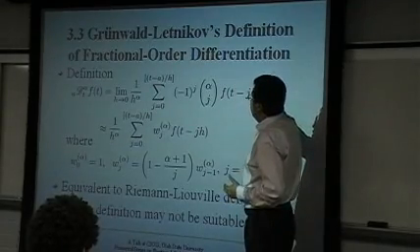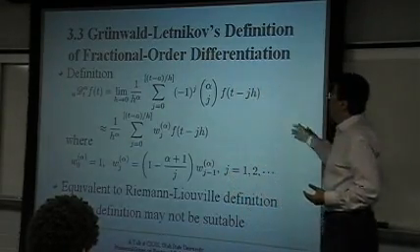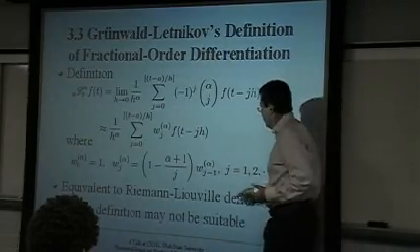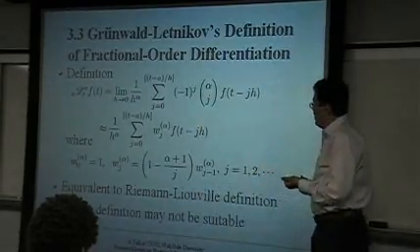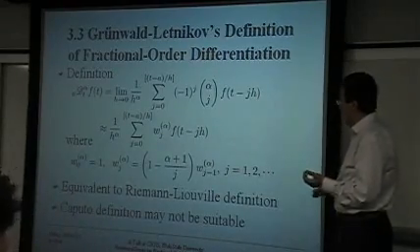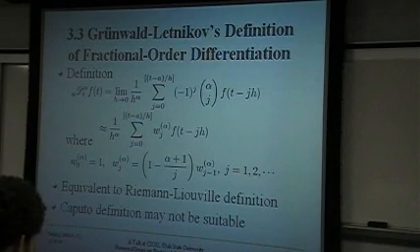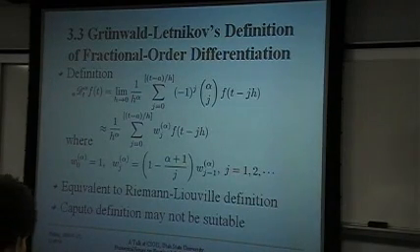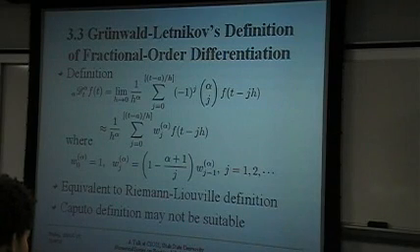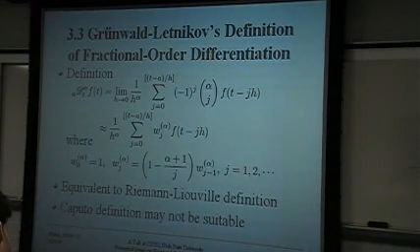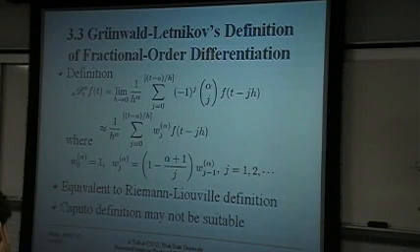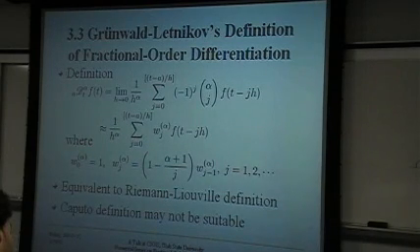And I think Professor Li also said that this definition is equivalent to the Riemann-Liouville definition, but it is slightly different from the Caputo definition. I think the difference is something like this. If the original signal is defined like this, this is t equals 0.